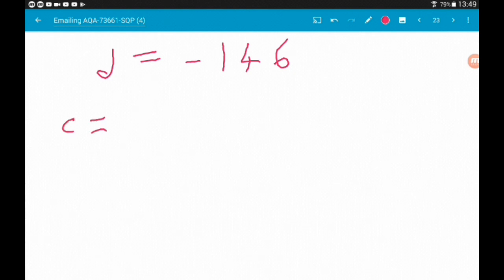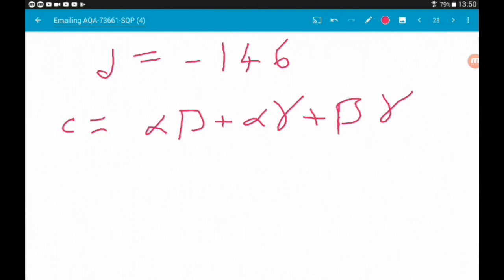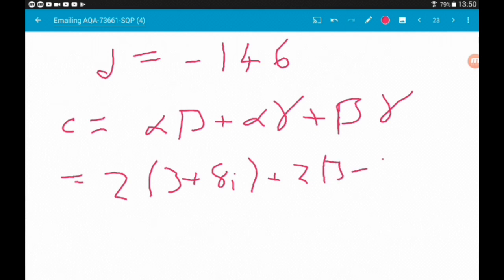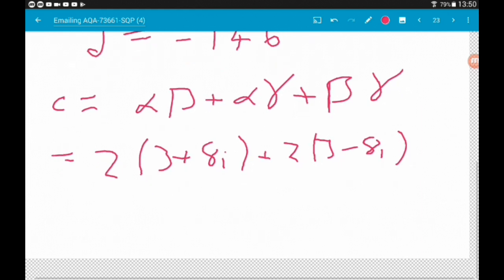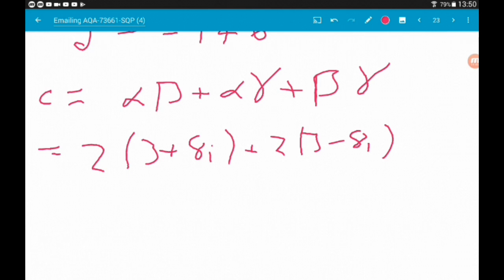Okay, then finally c is the sum of the product of the roots taken 2 at a time. What does that mean? Well, it means it's alpha beta, add alpha gamma, add beta gamma. So we've got 2 lots of 3 add 8i, add 2 lots of 3 minus 8i, and then add the conjugate product beta gamma, which we worked out up above was 73.